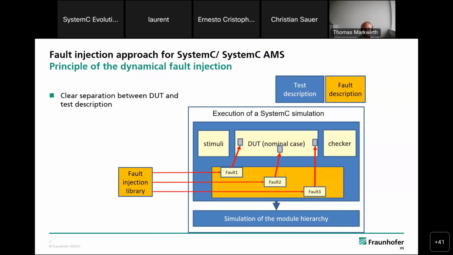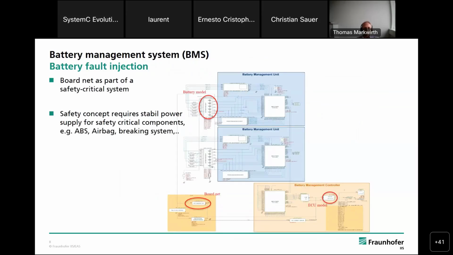The advantage we see here is the clear separation between the design of a DOT and a test description, because faults from our point of view should be only part of a test and not part of a design. Therefore we also have no DOT code change, which is not necessary using that approach. And also, for sure, we avoid bugs due to insertion of test artifacts, for example.